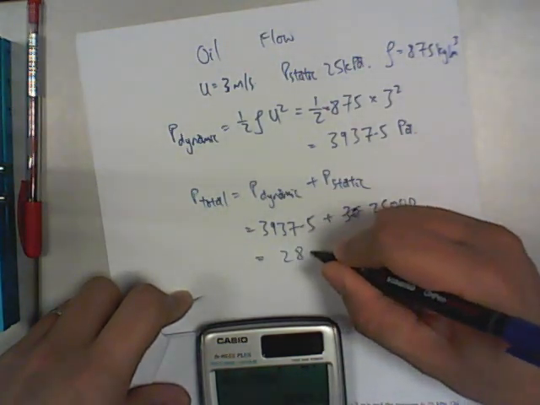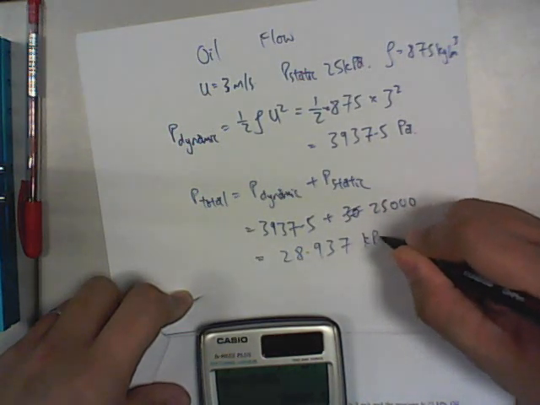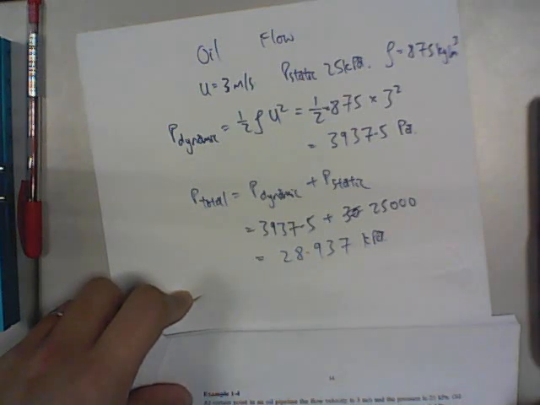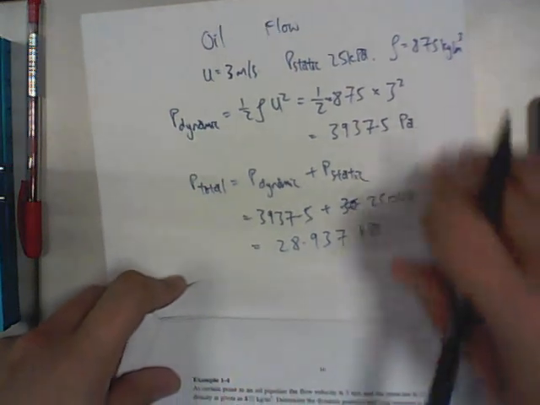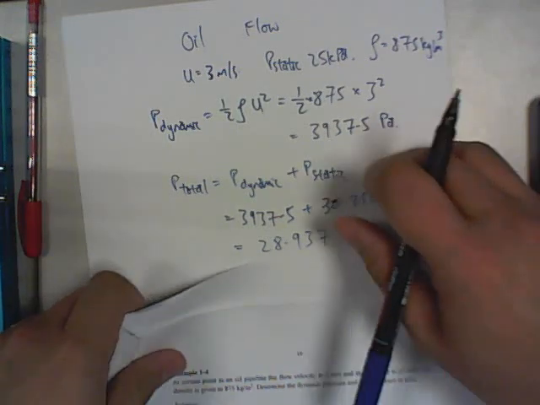The answer will be 28.937 kilopascals. You're supposed to express in kilopascals. So this is the example of these pressures in flow.